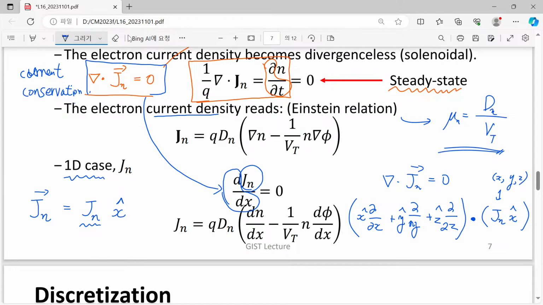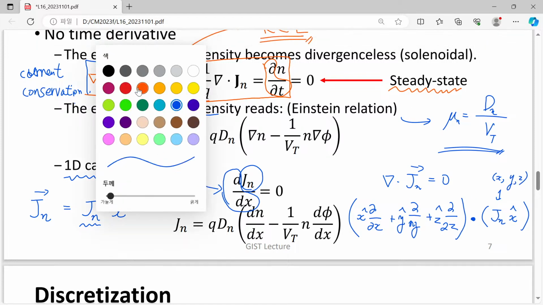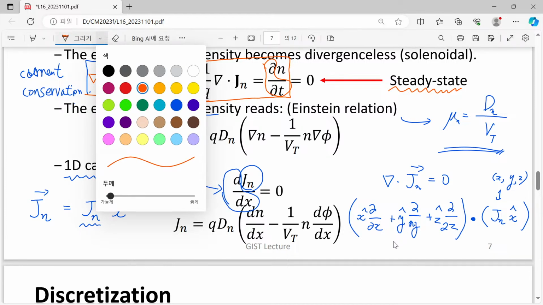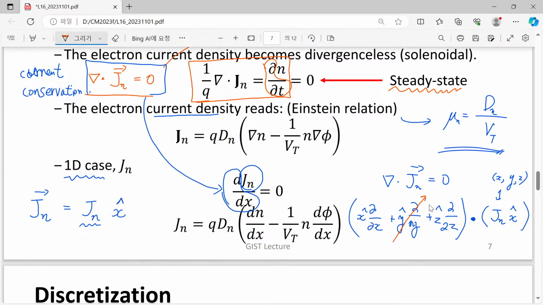So when we have this kind of situation, then the partial derivative with respect to y goes away.